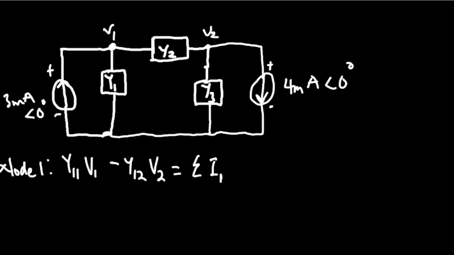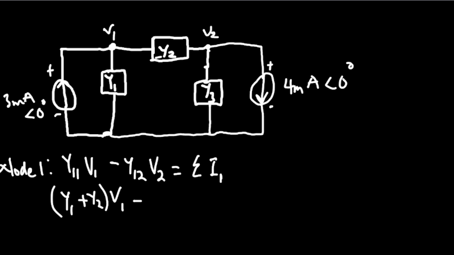Y1 and Y2, they are the ones meeting. Hence, we have Y1 plus Y2 multiplying V1 minus all admittances between node 1 and node 2.